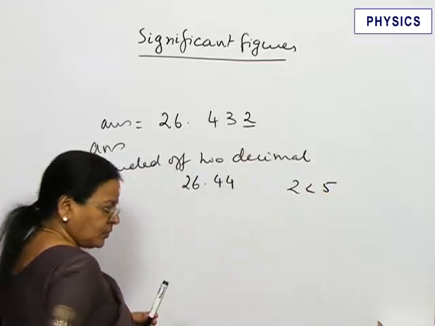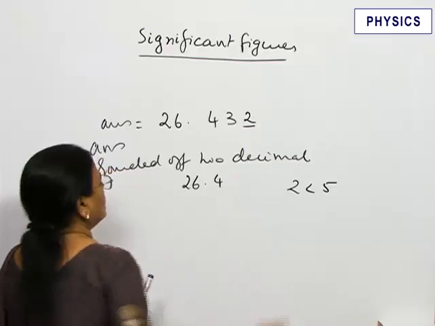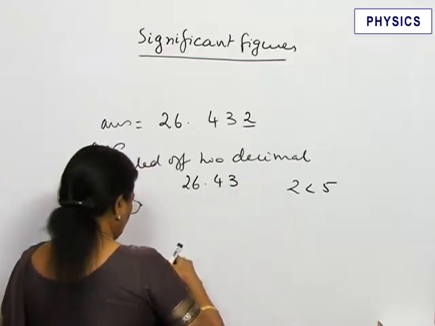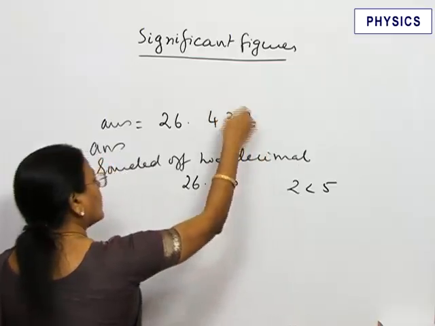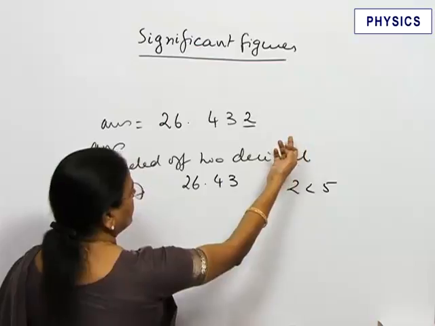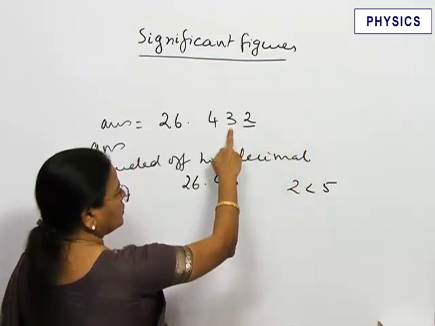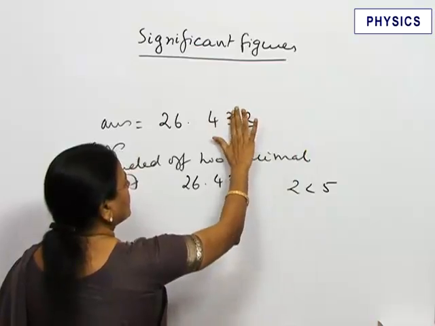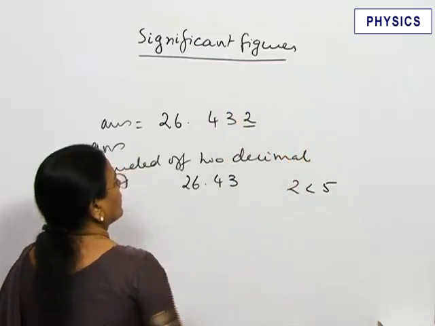Now we round off the same as 26.43. So if the number you are using to round off is greater than 5, increase the previous digit by 1. If it is less than 5, don't increase, just omit this number.